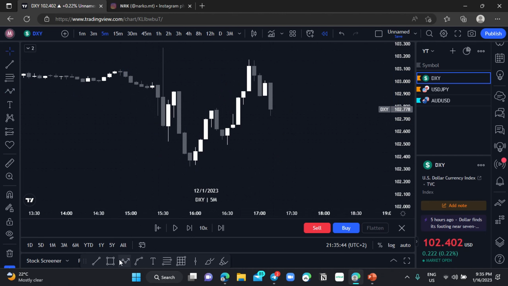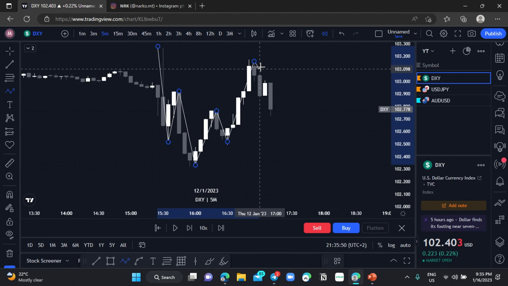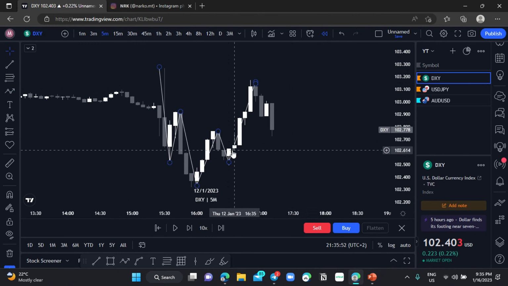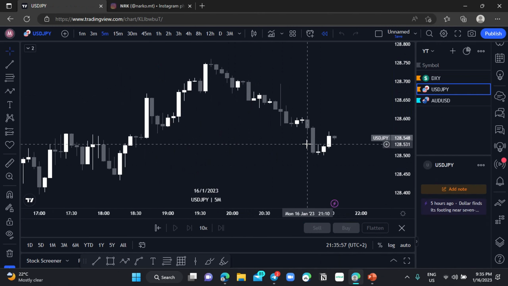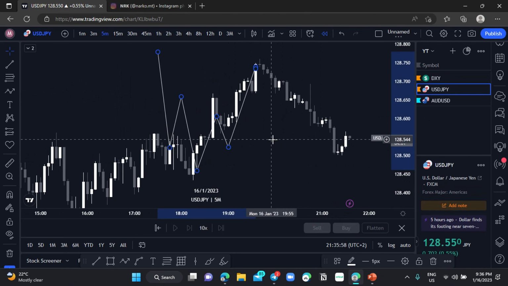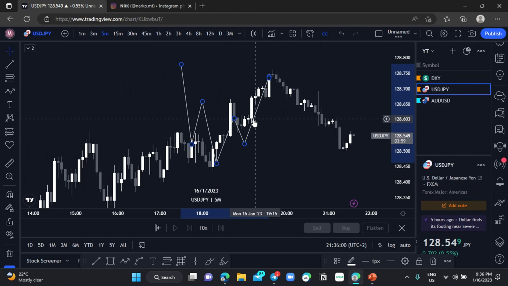As you can see here, this sold, bought a little, sold, and then continued up. I am just going to copy this and paste it here, and see what we had here on CPI.